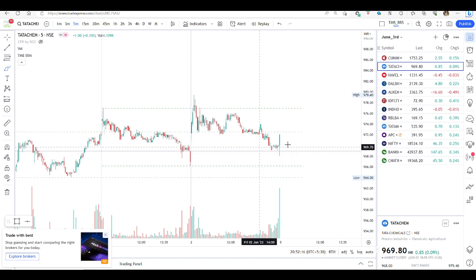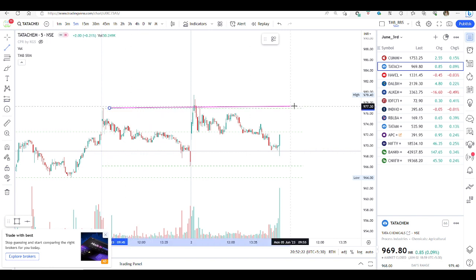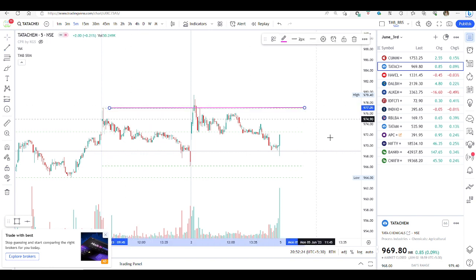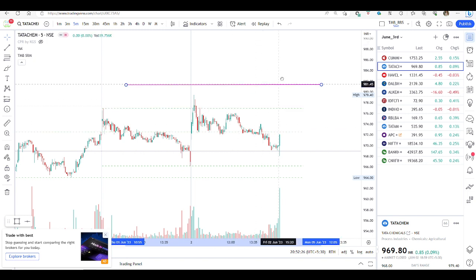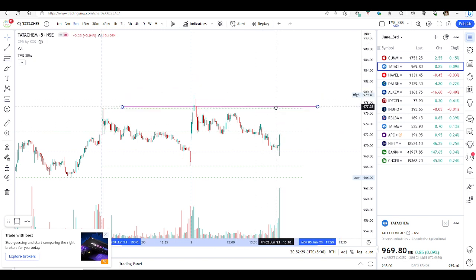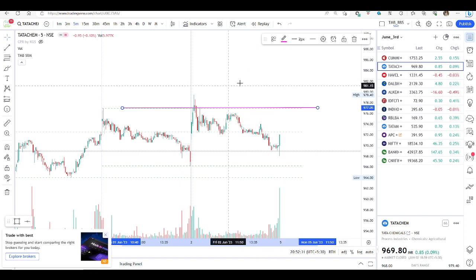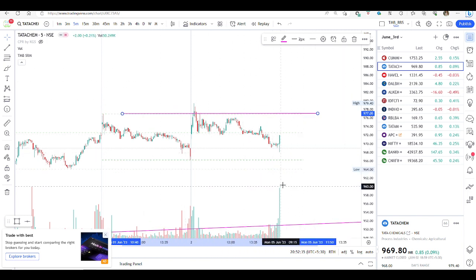In this one, if it opens a little bit gap up, I am seeing some strength in this stock, Tata Chemicals. I will look for a buying opportunity here. I will not go for the sell side. Even if it gaps down, there is a probability of coming up.